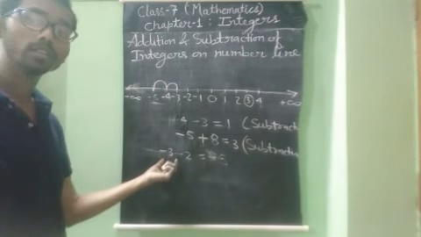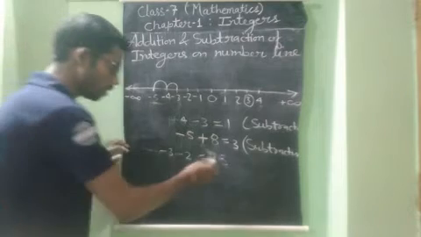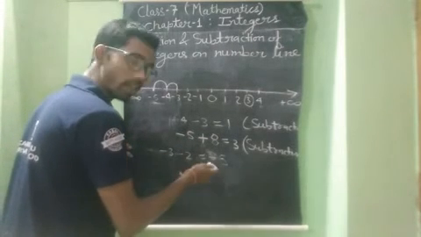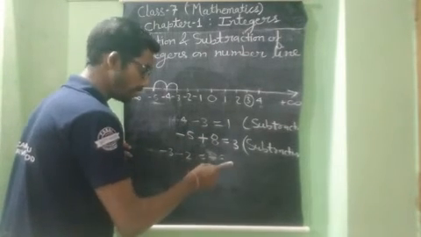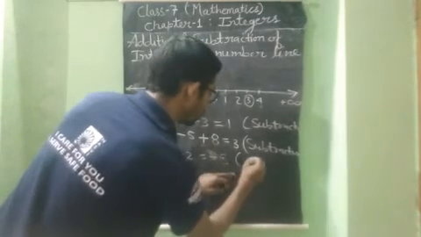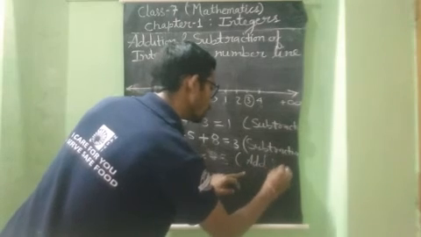This is addition of negative integers. Both have the same signs, then there is addition. So there is what? Addition.